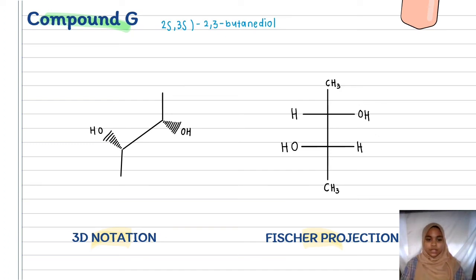There are also two hydroxy groups attached to the carbons, which shows that it is butanediol. The difference between compound G and compound F is the position of the hydroxy groups attached to the carbons, which shows that they are a racemic mixture.